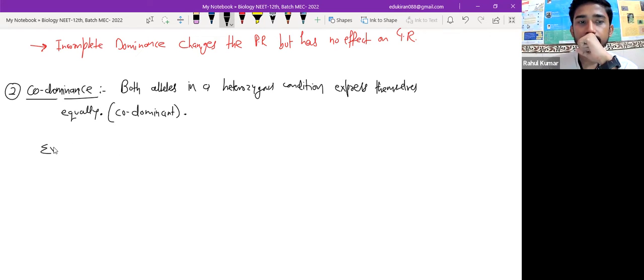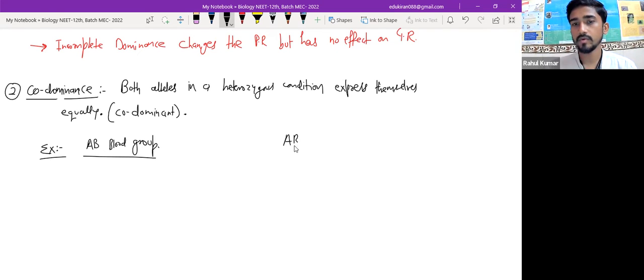The example for this is, you can understand this through the AB blood group. In humans, you know that humans follow ABO blood group system.